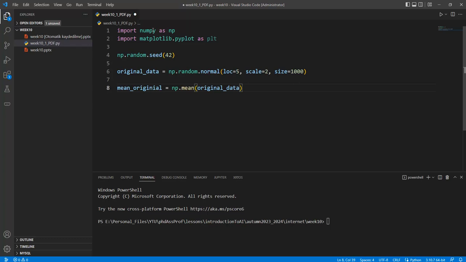Okay, and also we can calculate the variance like this one, np.var.